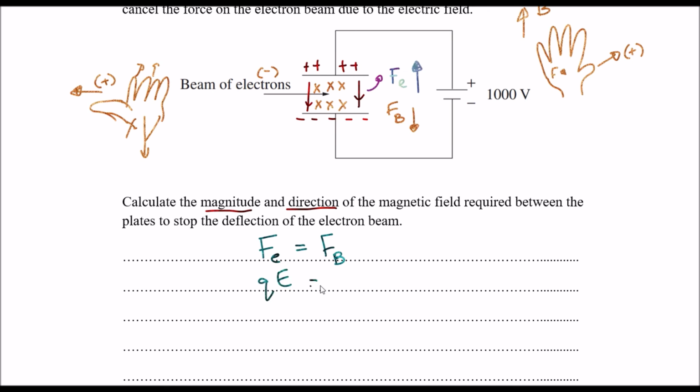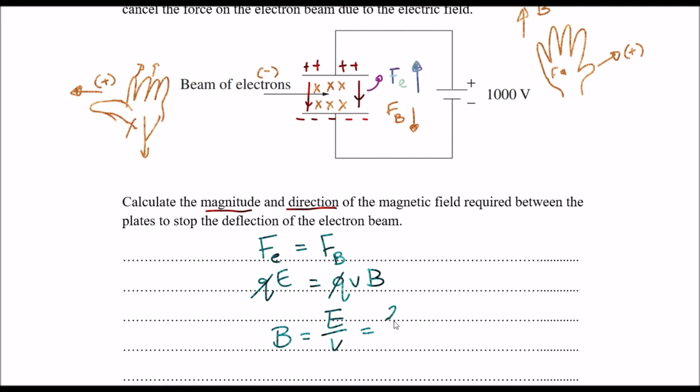Q times E equals QvB. Now these two Q's represent the charge of an electron, so you can cancel them out. We're going to make B the subject of the equation, so B equals electric field strength divided by the velocity of the electron.